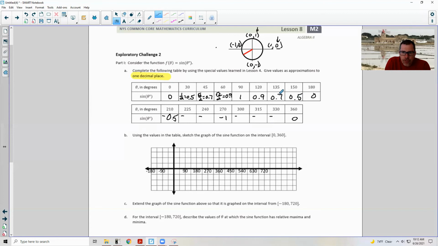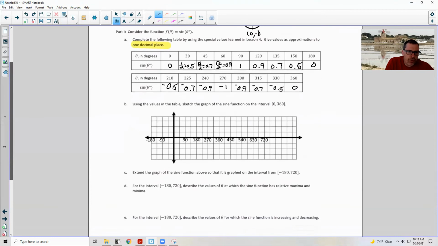So all we're doing is going this way back up to 1, but in the negative direction. So negative 0.5, negative 0.7, negative 0.9, negative 1, and then going back up to 0, negative 0.9, negative 0.7, negative 0.5, and back to 0, and we're done.